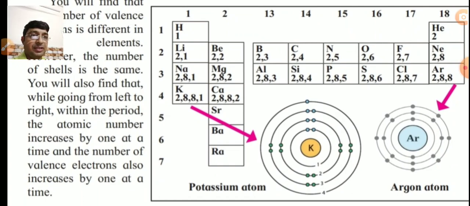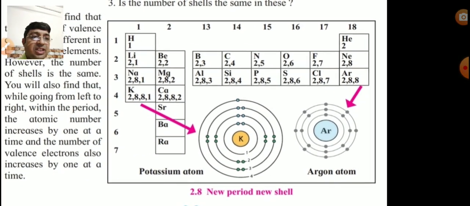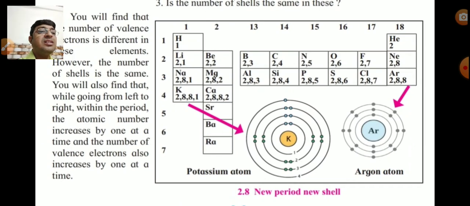You observe carefully. In this table also, given the first 20 elements, a new period starts from a new shell. You observe it carefully. In the first period, see on the left hand side, hydrogen and helium, only 2 elements are present in the first period.